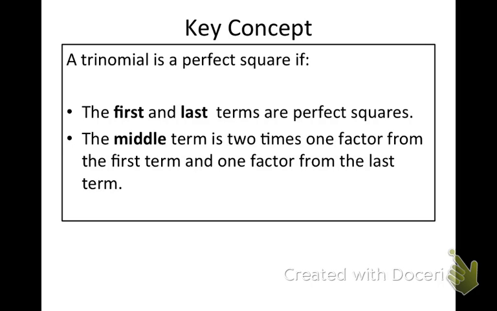All right, next bullet. So the first and last terms are perfect squares. The next thing we're checking for is that the middle term is 2 times 1 factor from the first term and 1 factor from the last term.